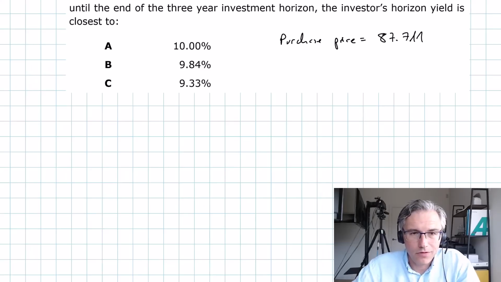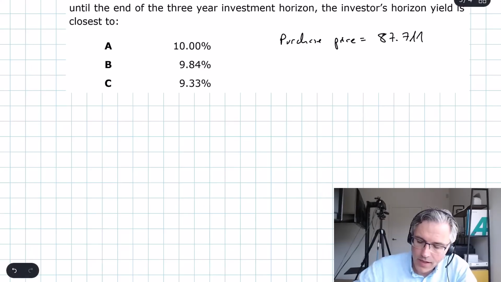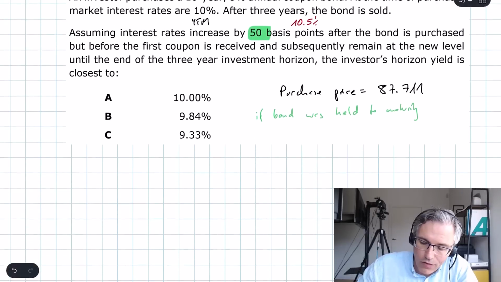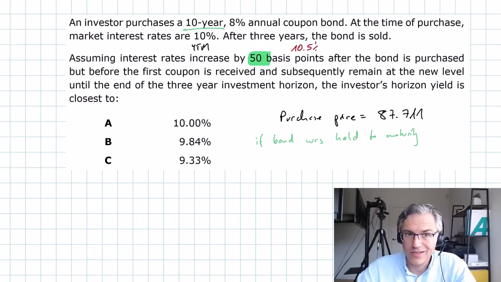Now, if the bond was held to maturity, so held for the next 10 years, which this bond wasn't, right?